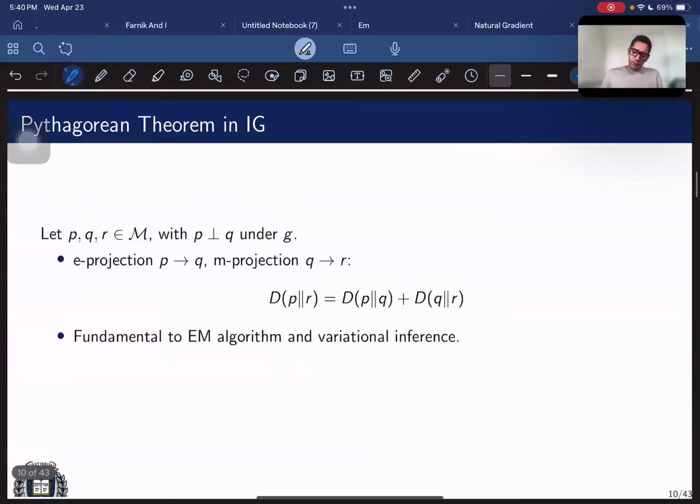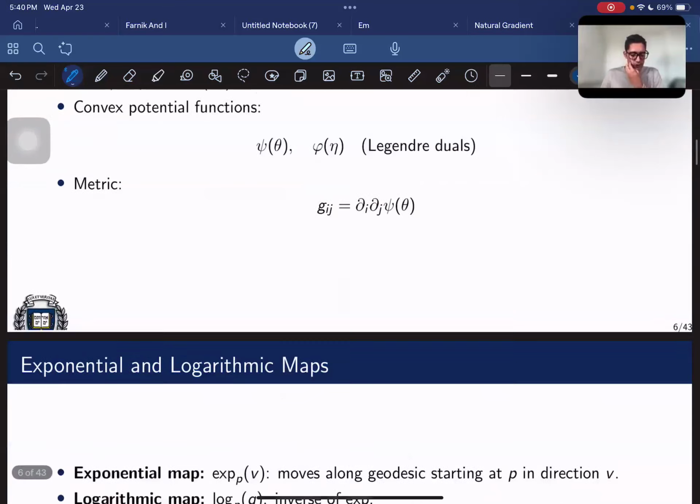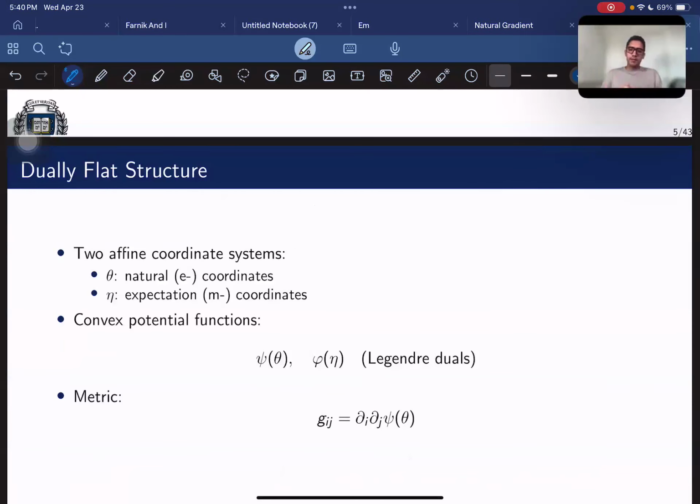For example, I can go ahead and calculate the essentials for this dually flat structure for a simple one-dimensional normal distribution.